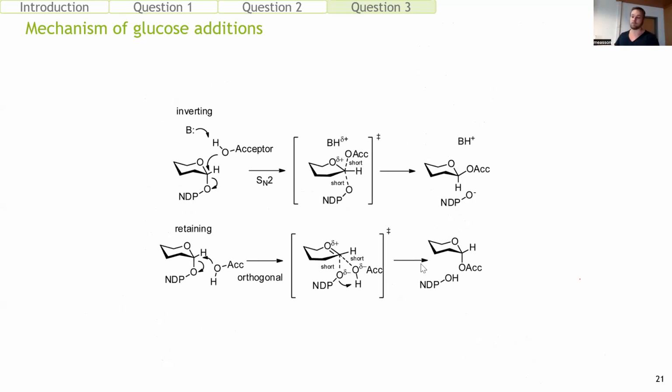What makes them these types of transferases is that they utilize an activated form of glucose, in the form of a nucleotide diphosphate, in order to transfer onto the acceptor molecule. Now, what that means is that these insects are investing energy in order to detoxify these. So we became very interested in investigating the mechanism of these glucose additions to these compounds.